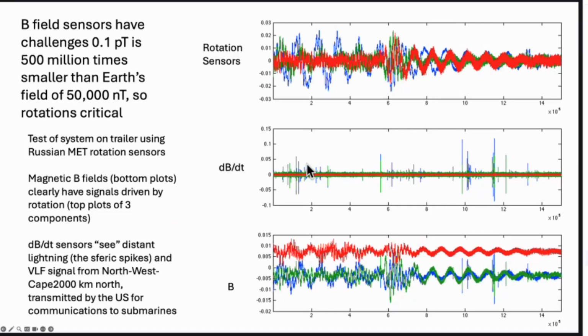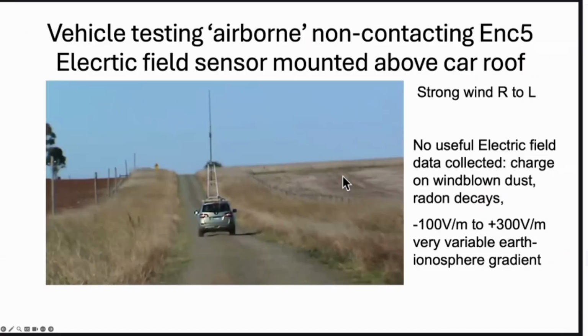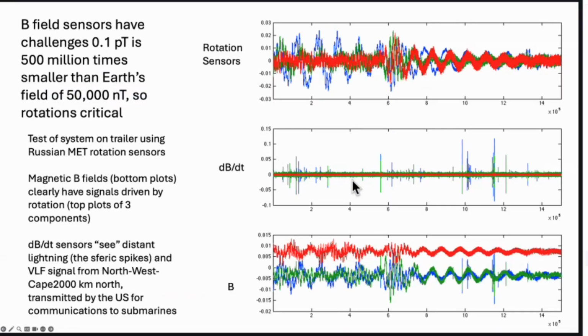That shows up all these spikes, spherics, and those spherics also show up in the B field, the bigger ones. The other thing dB/dt showed up was VLF signals in the three components.